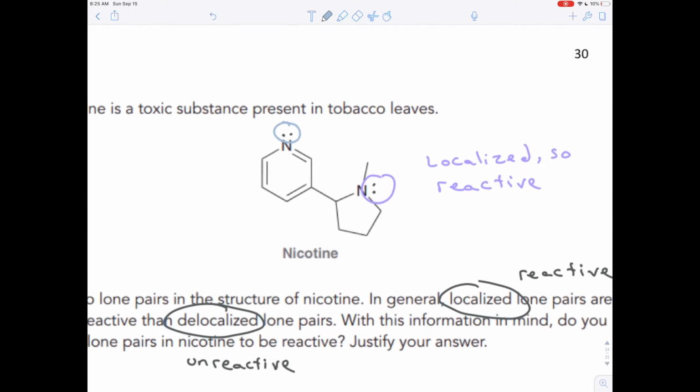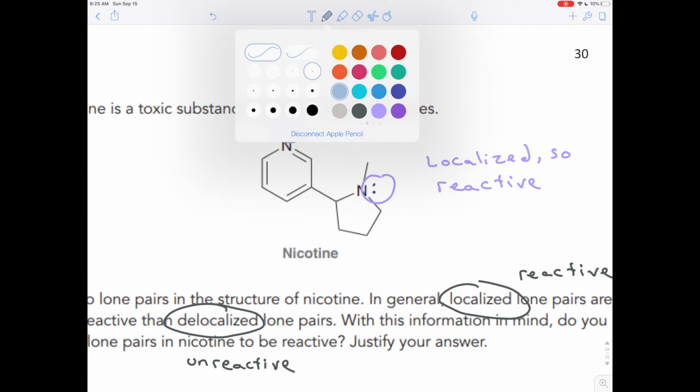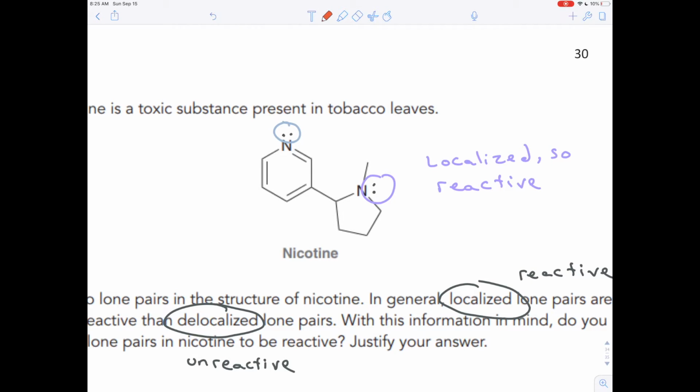So what happens here is the nitrogen has to have p orbitals on it in order to have this pi bond. Now those p orbitals, in order to form the pi bond, have to be parallel. That's the only way you'll get that overlap that is the pi bond.